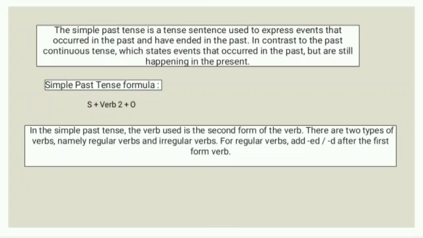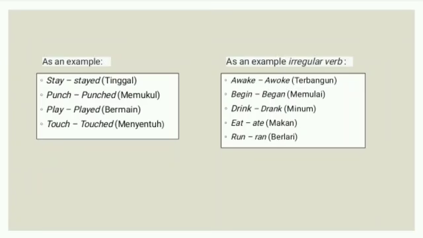There are two types of verbs, namely regular verbs and irregular verbs. For regular verbs, add -ed after the first form verb. As an example: stay, stayed, tinggal; punch, punched, memukul; play, played, bermain; touch, touched, menyentuh.